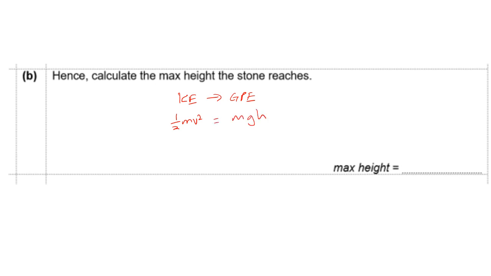We established in the last lesson that the mass is not consequential at all, and hence we are left with this equation where we have half of 12 squared equal to 10 times h, and therefore h equals 7.2 meters. Okay, so this is what we did in the last lesson. I hope you can recap very quickly on this, and we will move on to the next slide.